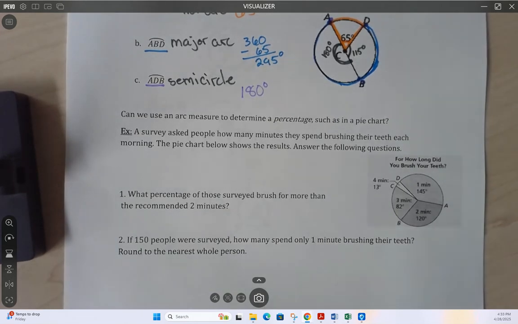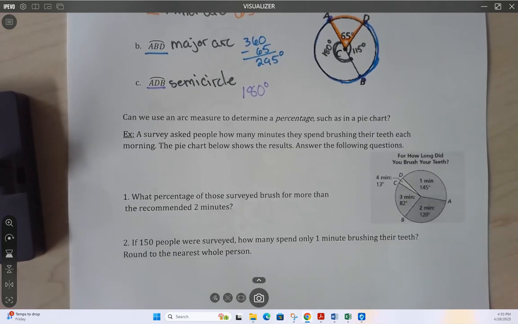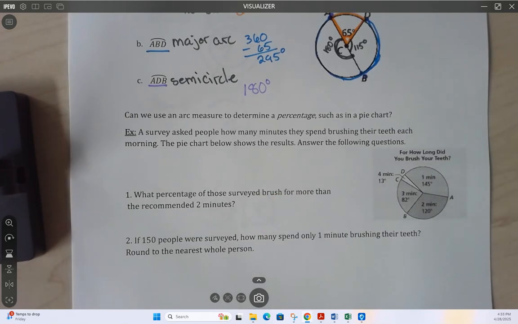Everybody brushes 1, 2, 3, or 4 minutes. And if you don't remember, the recommended time, I think from the American Dental Association, is 2 minutes. So, what percentage of those surveyed brush for more than the recommended 2 minutes?